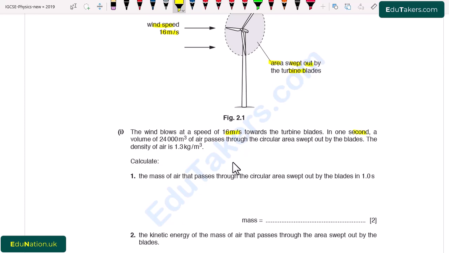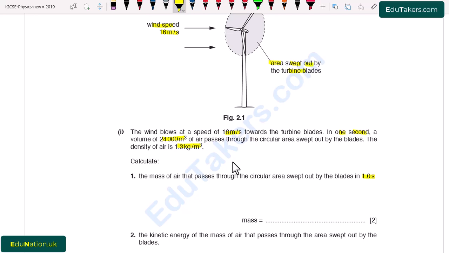In 1 second, a volume of 24,000 meter cube of air passes through the circular area swept out by the blades. The density of air is 1.3 kg per meter cube. Calculate the mass of air that passes through the circular area swept out by the blades in 1.0 second.